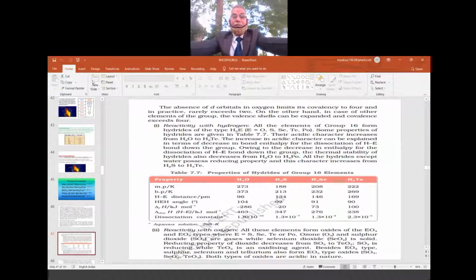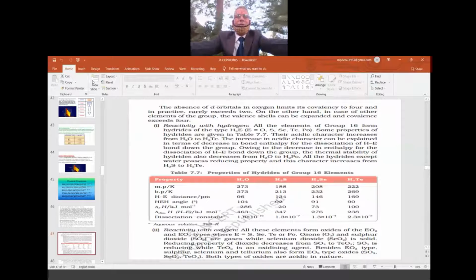So the acidic character increases from H2O to H2Te. Acidic character means the ability to give hydrogen. Water gives hydrogen easily because O is the most electronegative. Because O is electronegative, it withdraws the electron from the bond, thereby creating poles.